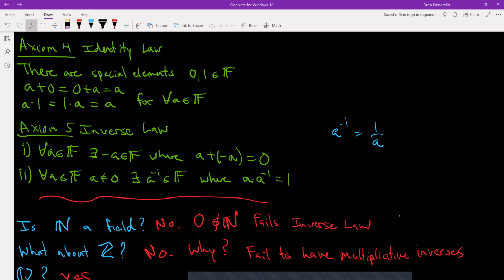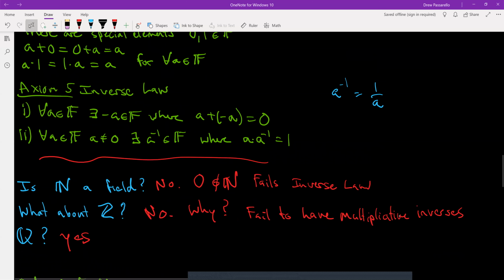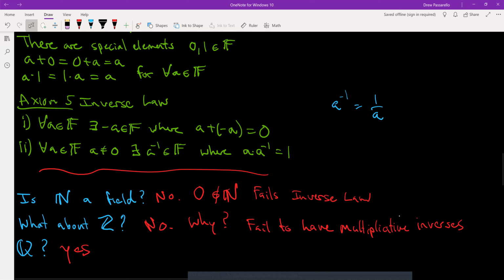We fail to have 0 and that additive inverse, along with failing to have the multiplicative inverses as well. Now the integers, Z, is not a field, but that's mainly because it doesn't have multiplicative inverses, like reciprocals. And Q is a field.